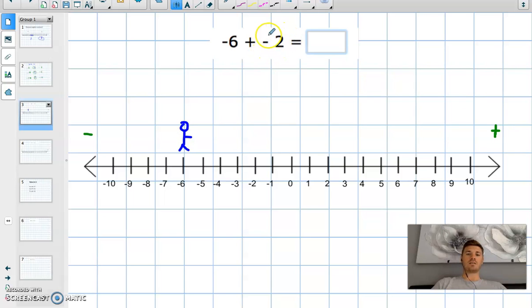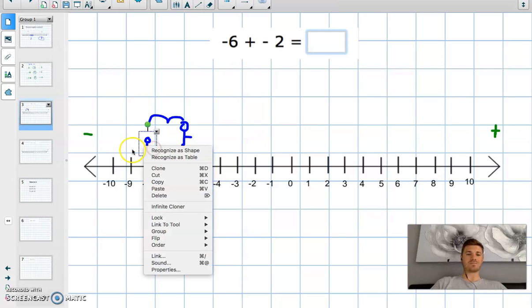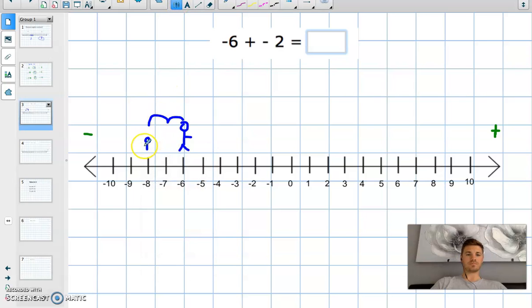Then I look at whether the number is negative or positive. We know that when it's negative, you jump back, and when it's positive, you jump forwards. So it's a -2, so I'm going to be jumping back 1, 2. And my man will then end up on -8. Okay? So -6 plus -2 equals -8.